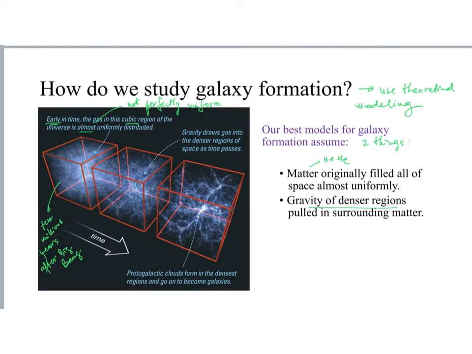However, the slightly greater pull of gravity in these regions gradually slowed their expansion, and within a few billion years, as time passes, the so-called proto-galactic clouds form in those densest regions, and this is where the very first galaxies are going to form, because the expansion in those very dense regions actually halted.